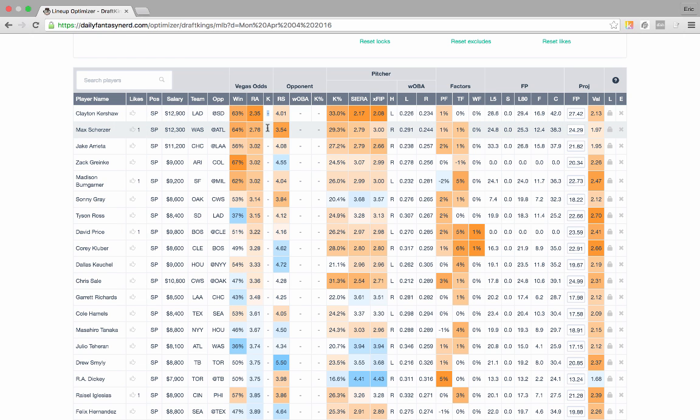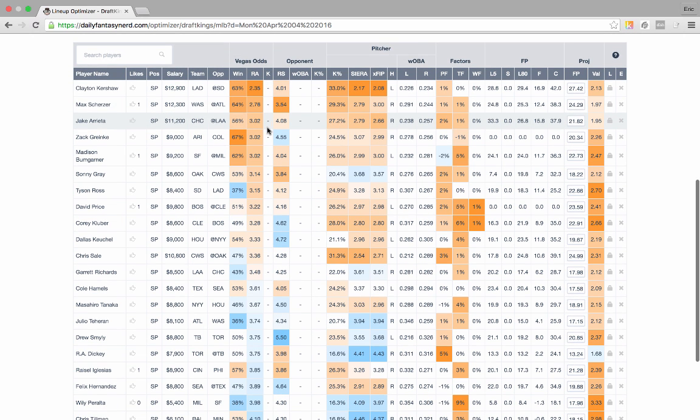This will be populated the day of, usually an hour or so before the game, and this will show how many strikeouts Vegas projects this pitcher to get on any given day. So you can actually sort by this once these numbers populate. And I'll go back to Sunday's games to give you an example of that in a sec.